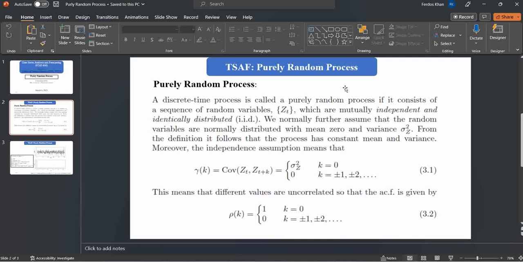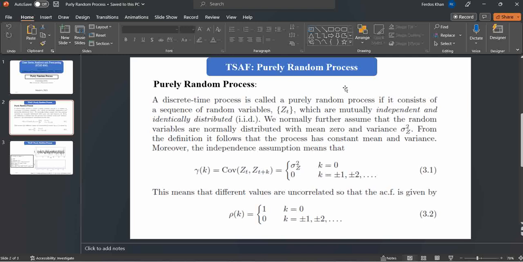So these zt variables are IID, independently and identically distributed. We normally further assume that the random variables are normally distributed with mean 0 and variance sigma square z.